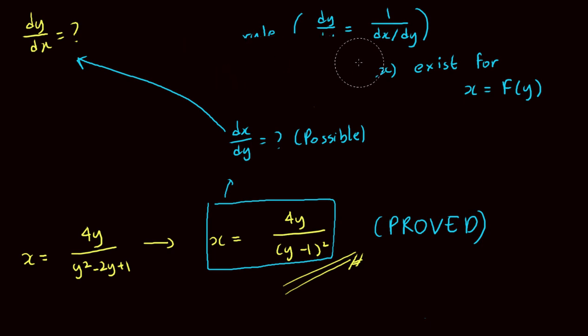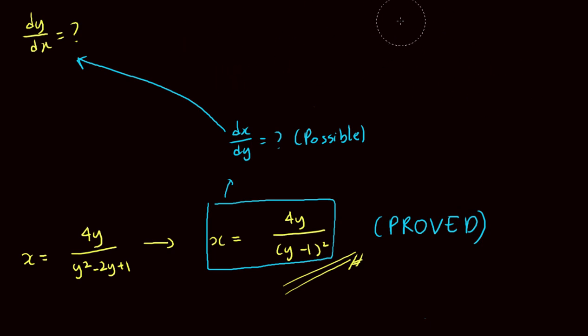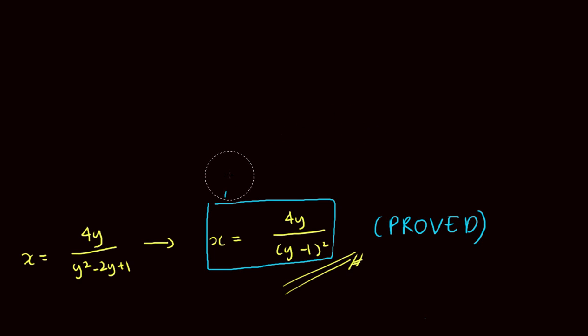So the first thing we're going to do is obviously find dx/dy, and we know that x is equal to 4y over (y minus 1) squared. It's a fraction, so of course we'll have to use the quotient rule.